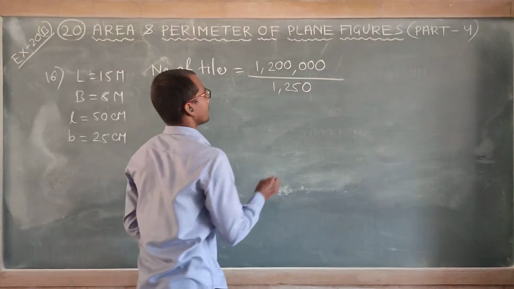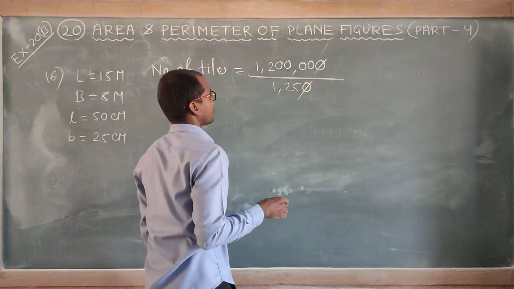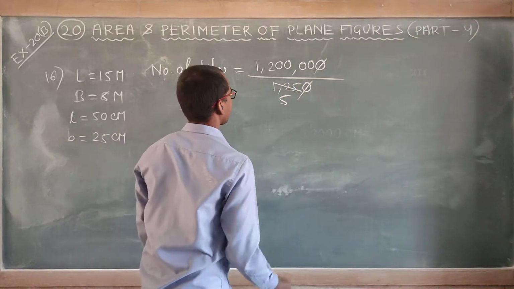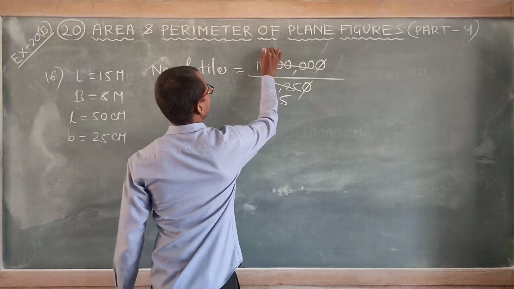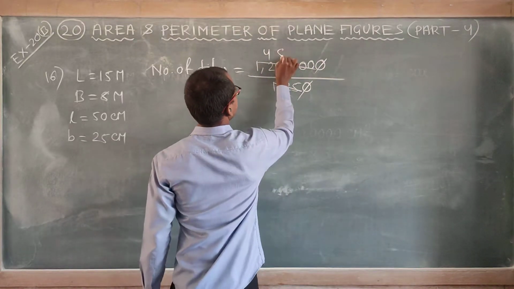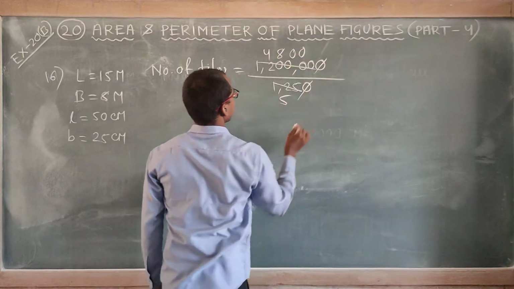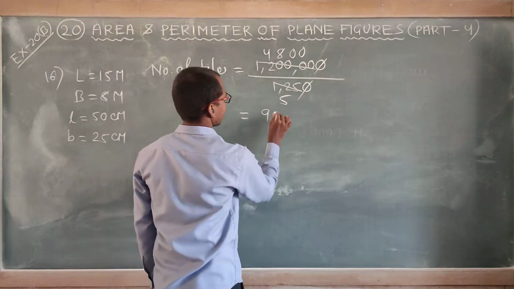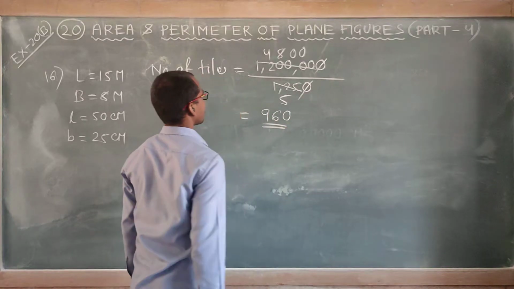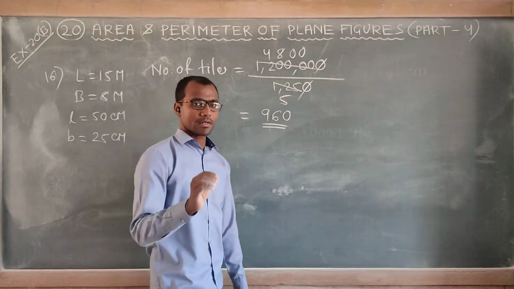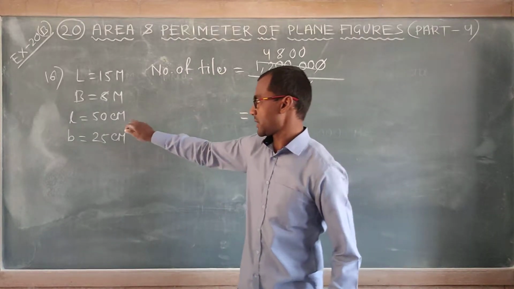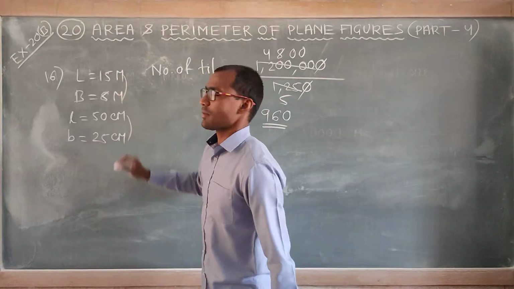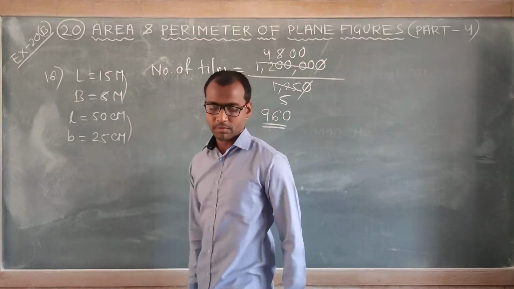Let us simplify this. Cancel. After simplifying, the total is 960 tiles of this dimension required to cover the floor. So this is the number of tiles.